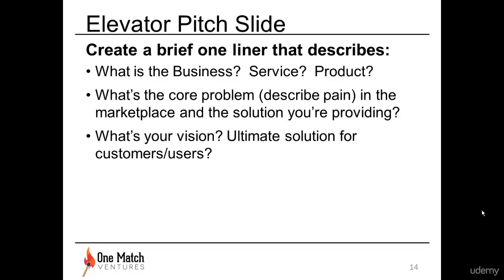And ultimately, after explaining both of those, it should end with something that goes into a vision, a big thing of what you're ultimately looking to become and what that ultimate solution is for your customers or users. So again, don't focus so much on what you are today, but really focus on what you're trying to become in that elevator pitch slide.